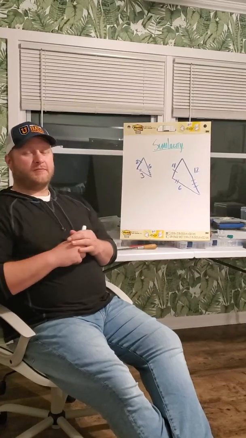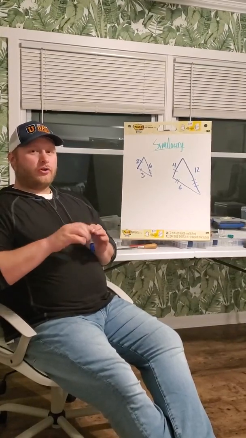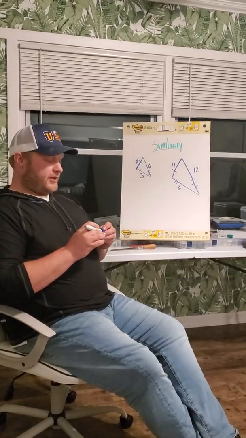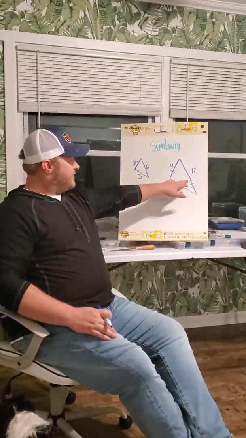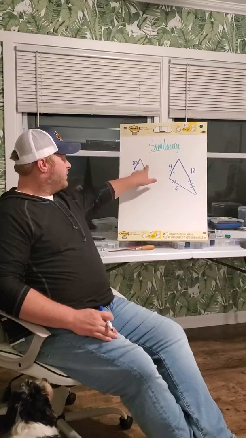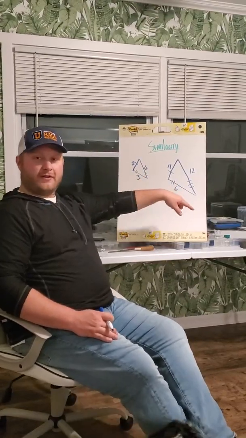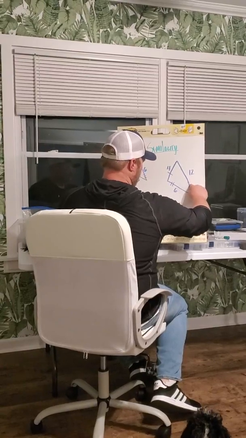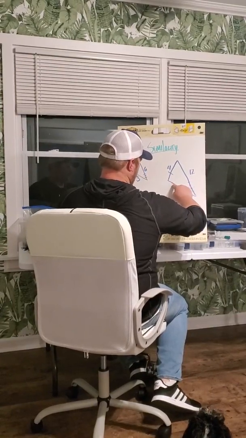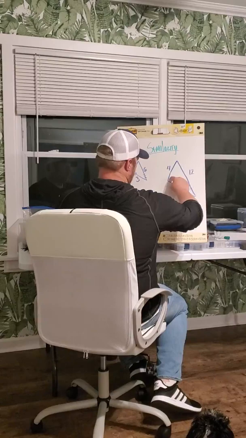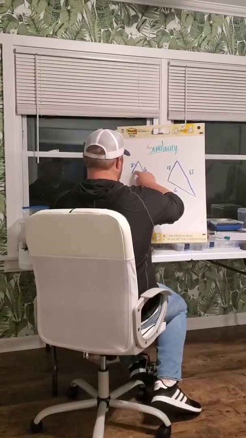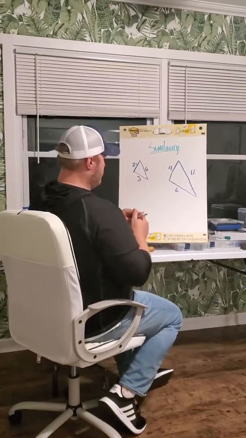Now, that size has to be special. I'll show you why. What's important about these is that these sides are not equal. This length and this length are different. But what are equal are the angles.